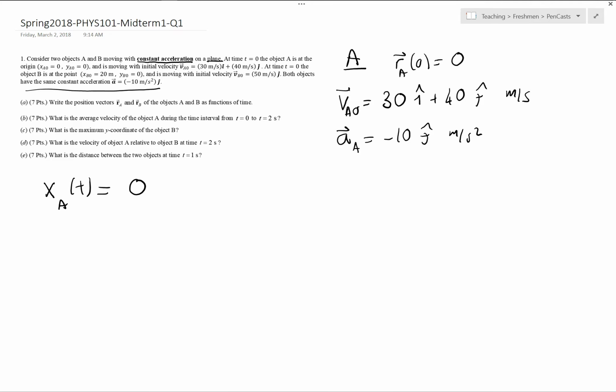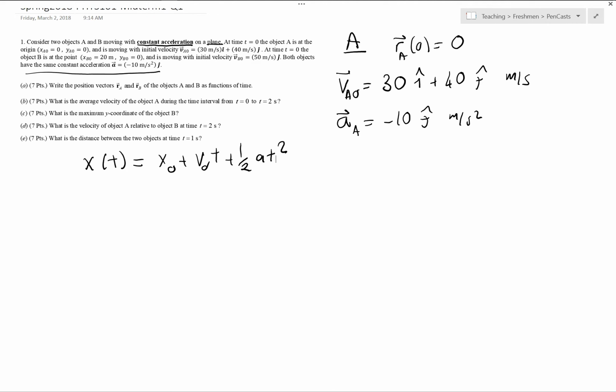I will always use the one-dimensional formula, x0 plus v0 t plus 1/2 a t squared, for each component of each object separately. So let's start with the x position of object A. It's at the origin initially.